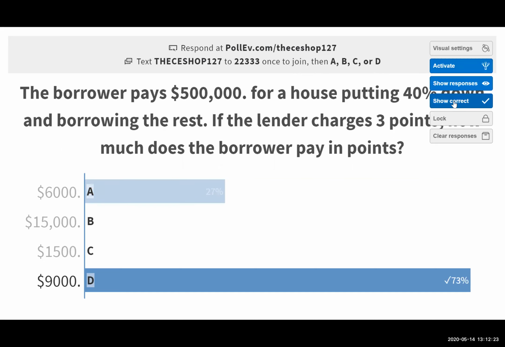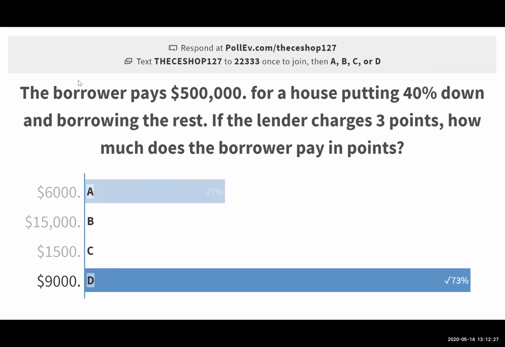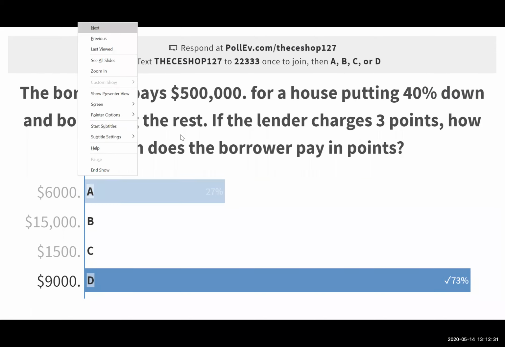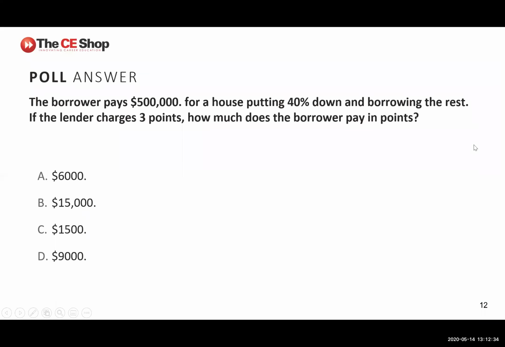The correct answer was 9,000. So let's go through the steps of this one just so you can see how it was done, provided you did it the same way. First off, you start off with the 500,000 that you're borrowing, and you multiply that by 100 minus 40 because they're putting 40% down.